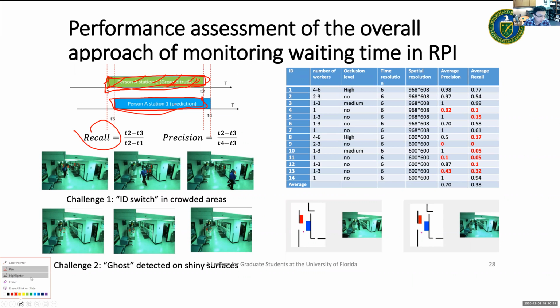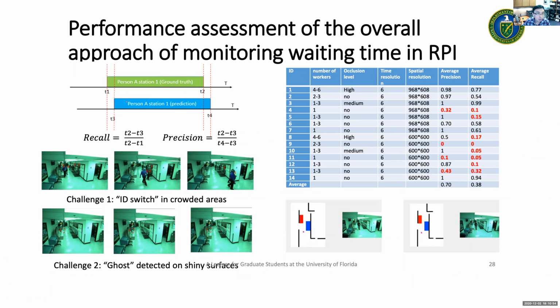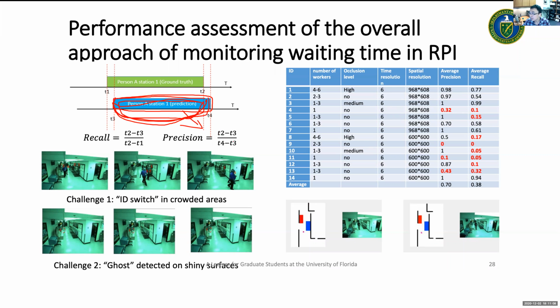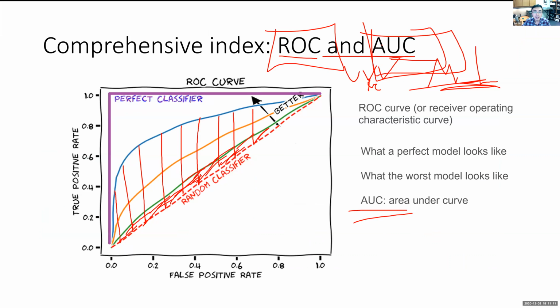And then when I predict this thing happens, the likelihood that I'm actually correct is only this part. So using this part divided by this part, that's precision. Make sense?